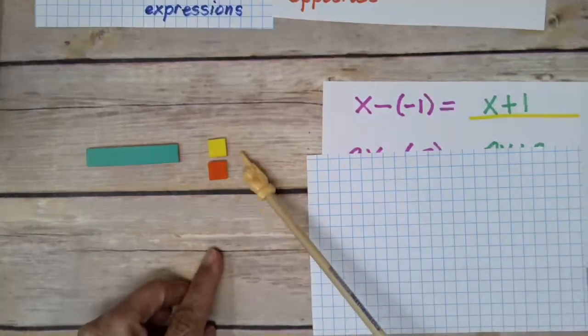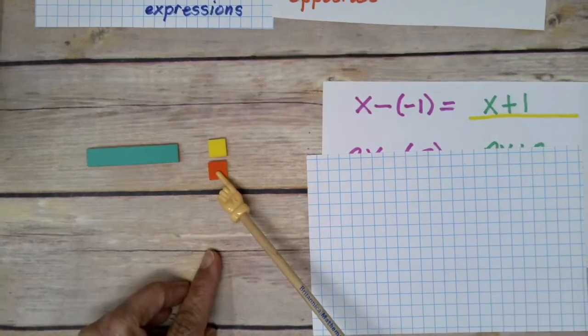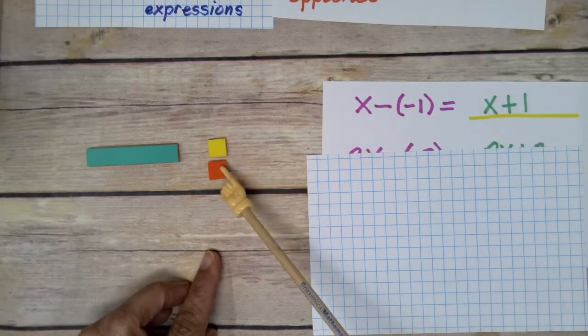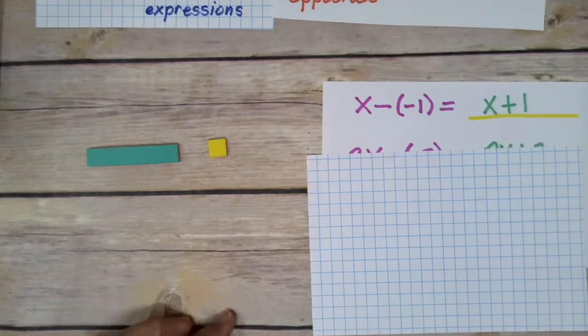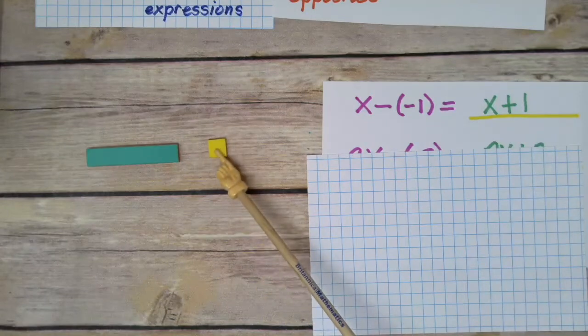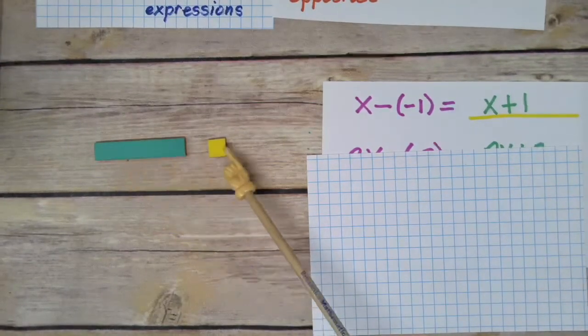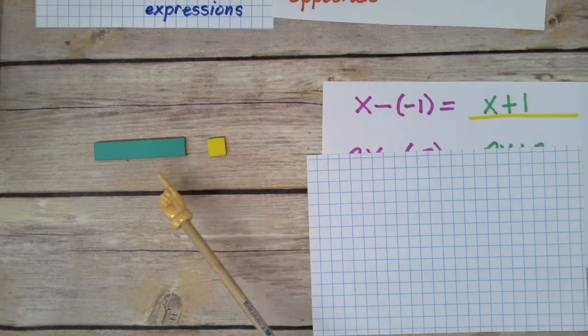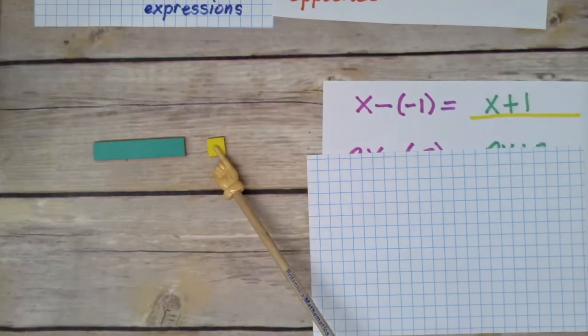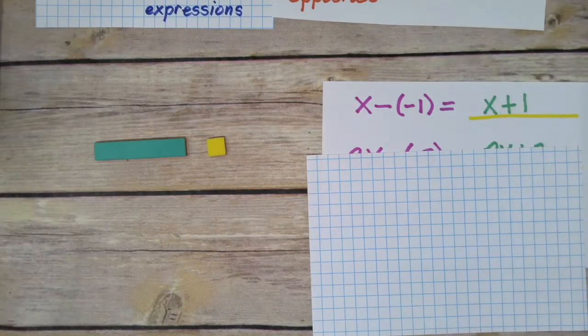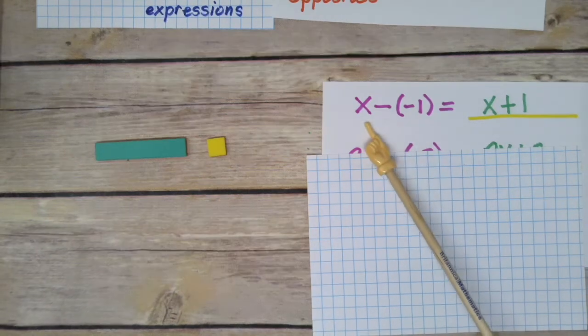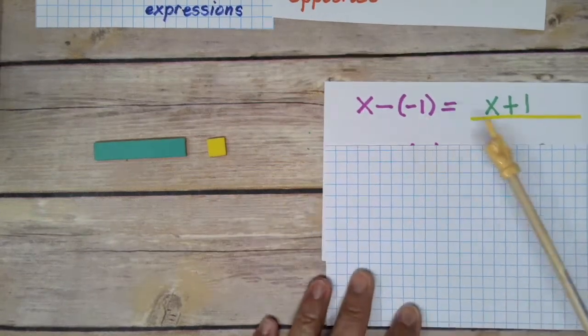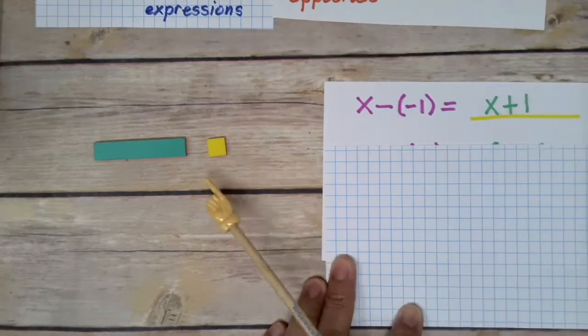With this zero pair, we now have a negative 1 tile, and we can take away that negative 1 this way, and what's left is just this x tile and this positive 1 tile, which is x plus 1. So you have seen how we can prove that x minus negative 1 is equivalent to x plus 1 using algebra tiles.